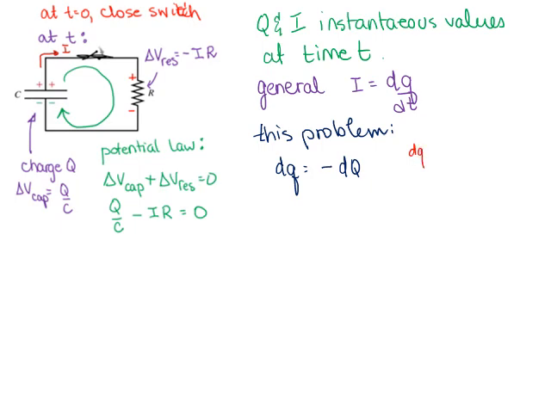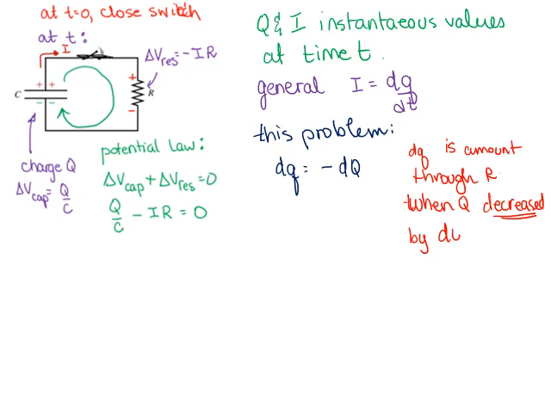So dq is the amount of charge through the resistor R. And that happens when the net charge on the capacitor plate Q is decreased, because it's a discharging capacitor, by a small amount of charge, which is dq. Okay, so dq is the amount of charge going through the resistor.